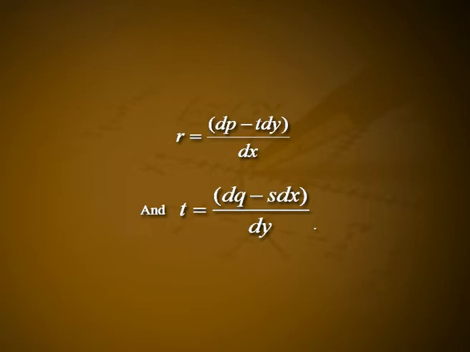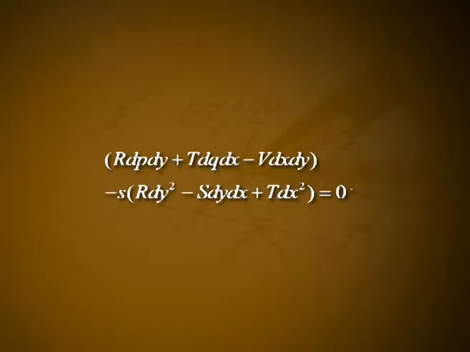Solving for r and t, we obtain r is equal to (dp minus s dy) all divided by dx and t is equal to (dq minus s dx) all divided by dy. Substituting these values in the given equation, we have capital R into dp dy plus capital T into dq dx minus capital V into dx dy minus s into (capital R dy square minus capital S dy dx plus capital T dx square) is equal to 0.